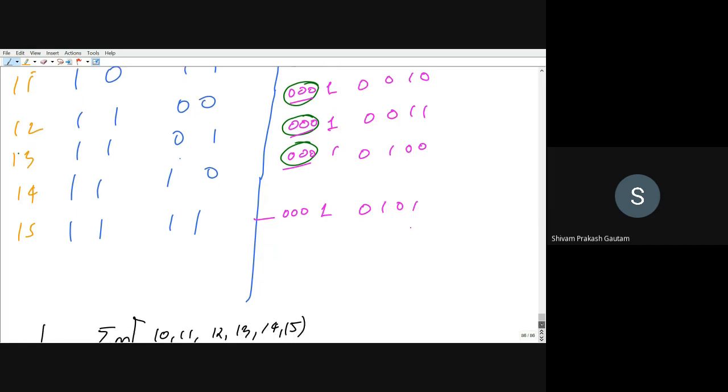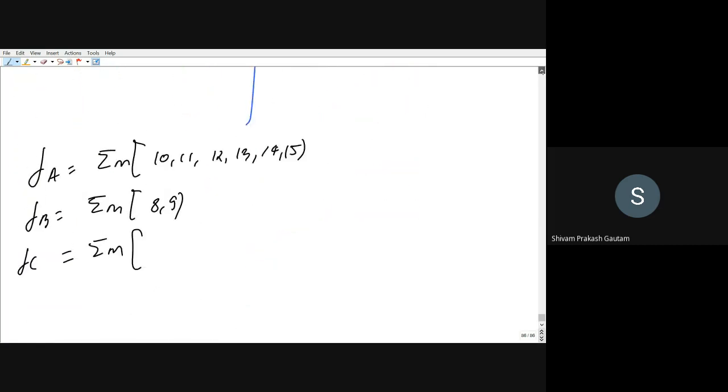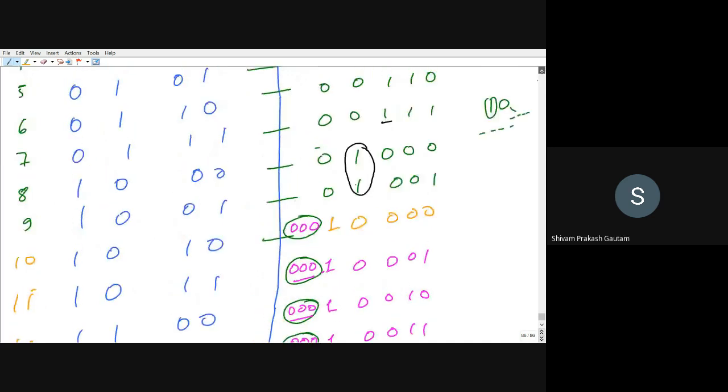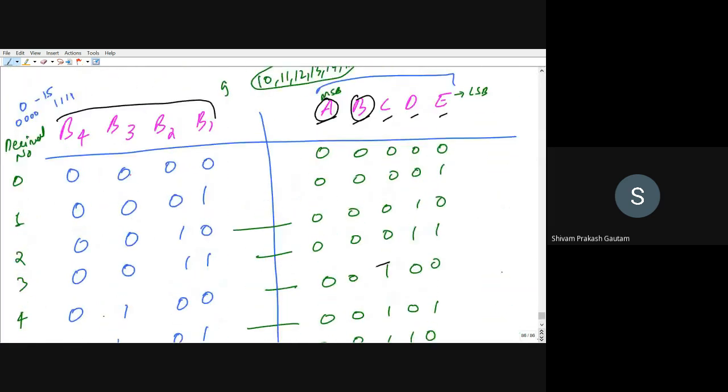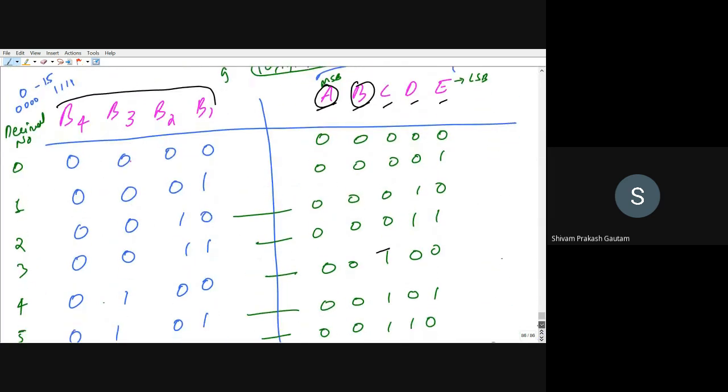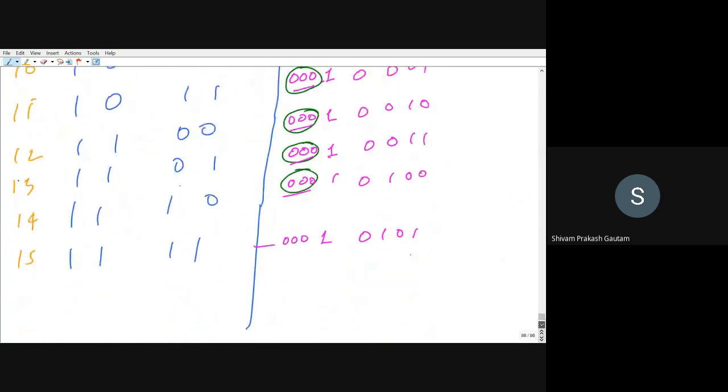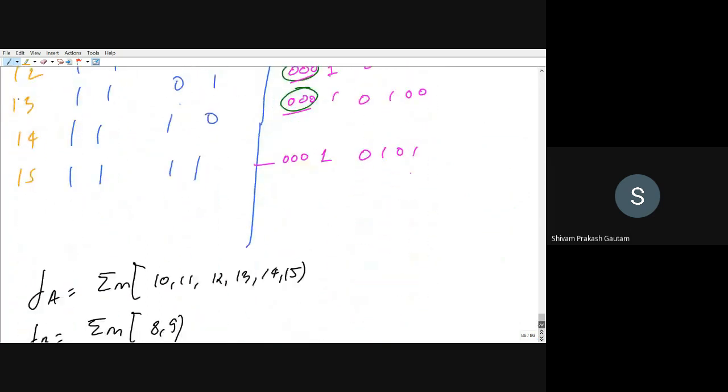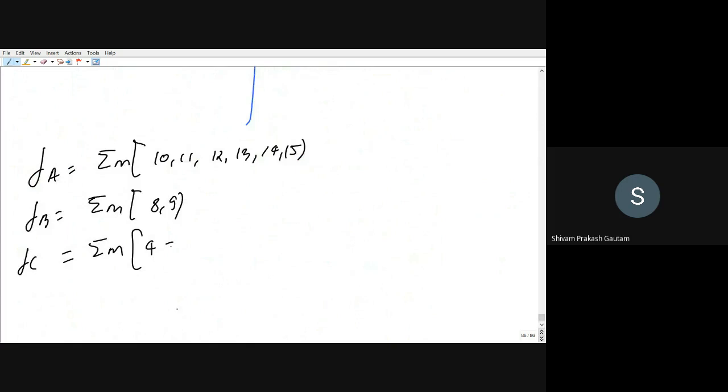Is it correct? Just check. C is giving 1 where? From 4 onwards, 4, 5, 6, 7, and then 14, 15. Okay, so 4, 5, 6, 7, and then 14 and 15.